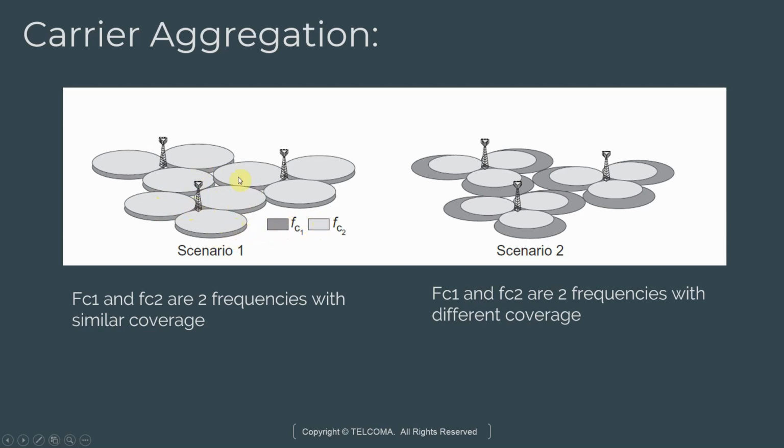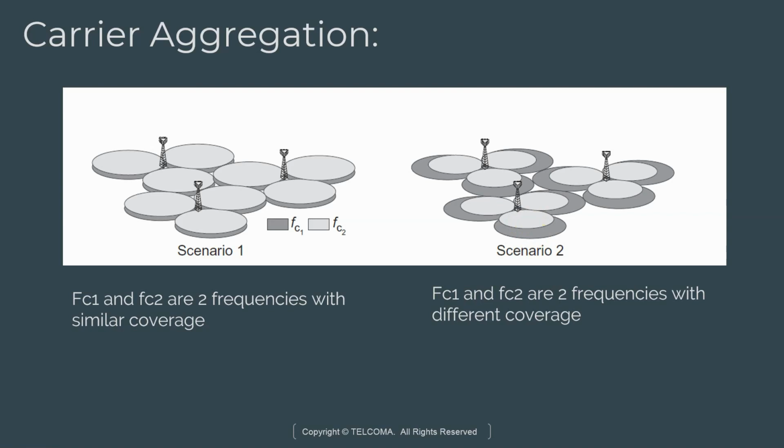So the coverage is similar in this aspect, whereas in this scenario it's the same setup, but FC1 and FC2 have a different amount of coverage. Say FC2, which is the light gray color, has a lower coverage compared to the dark gray, which is FC1. And this can be due to, say, your FC2 was a higher frequency.